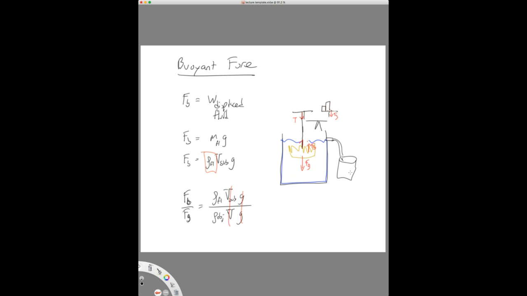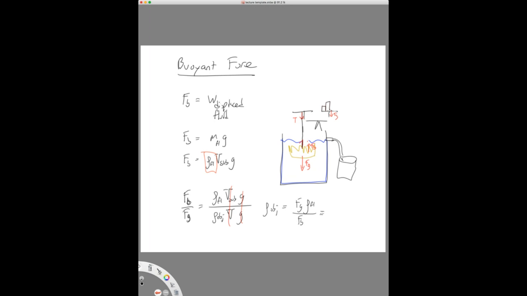So there are different ways we can find the buoyant force. And this allows us to cancel out the volume and find the density of the object, which would just be the force of gravity times the density of fluid over the buoyant force.